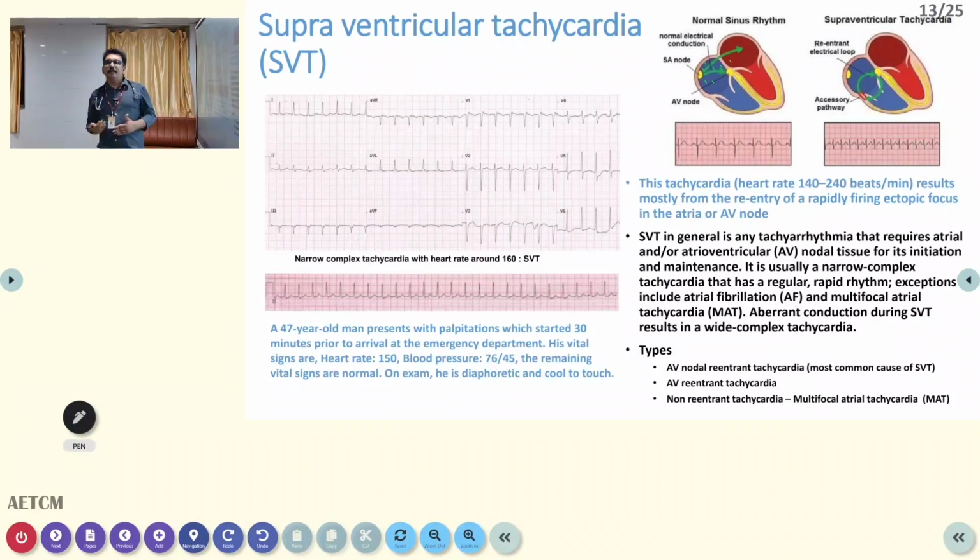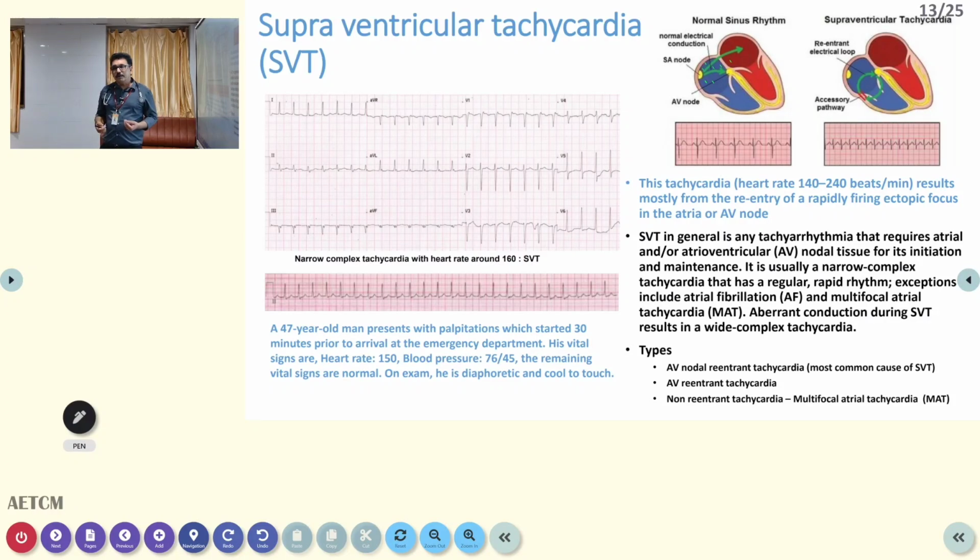But that is also produced from the supraventricular area. So atrial fibrillation can also be included in supraventricular originated tachycardia. It is not classified under supraventricular tachycardia, but the origin is above the ventricle. Now, supraventricular tachycardia means the heart rate is very high. Normally, when the heart rate is more than 140 to 240, we call it supraventricular tachycardia.